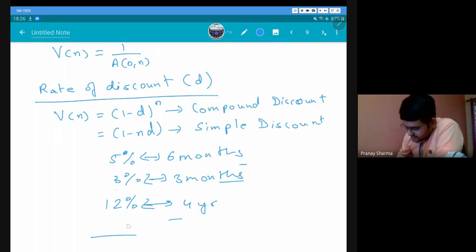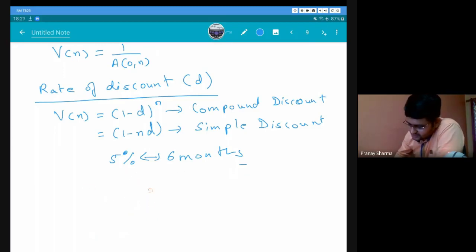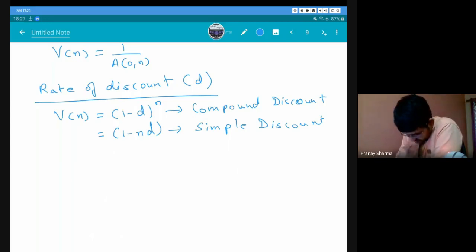So that is why the rate of discount was introduced, at least the simple rate of discount. Of course compound is already difficult to calculate, but we use that a lot. So this was the reason rate of discount was introduced, and that is how we use it. But we'll be using it for all types of calculation.